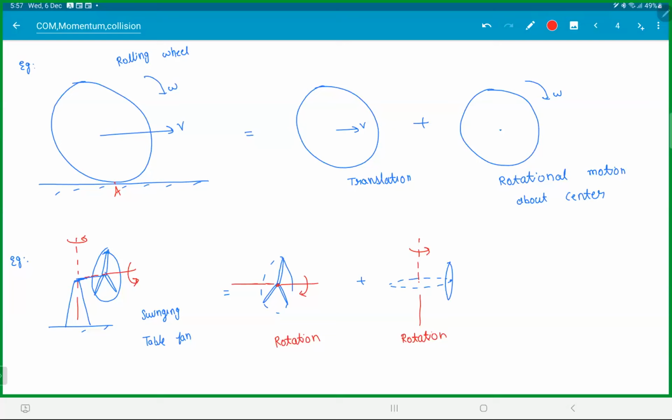Have a look at this. I understood the first part, the blade rotating. What is the second rotation? It is the table fan swinging, right? Okay, understood.